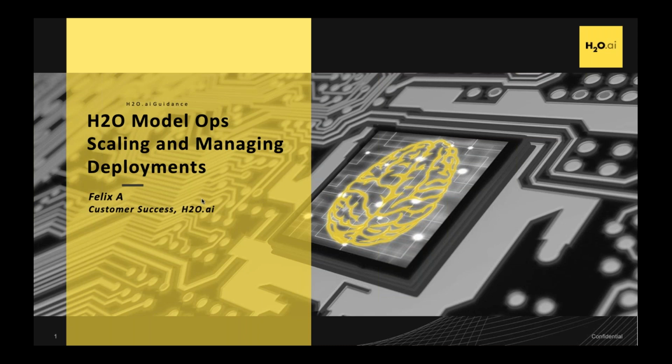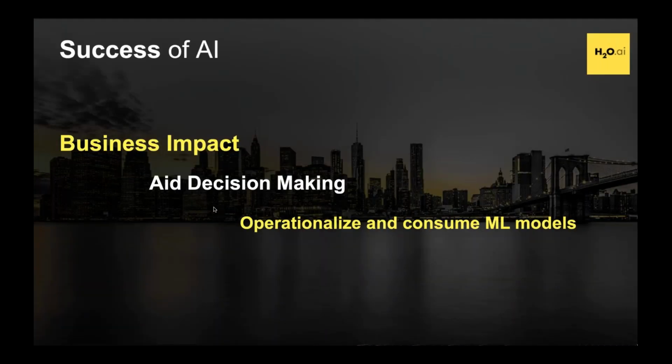And today, for the next 30-40 minutes, probably we would be talking about ModelOps and how to scale and manage model deployments. So to start with, let me state the obvious, which is, to define the success of any AI project, it has to have a business impact, and by business impact, what we mean here is whether the AI use case was able to aid in some kind of a business decision making.